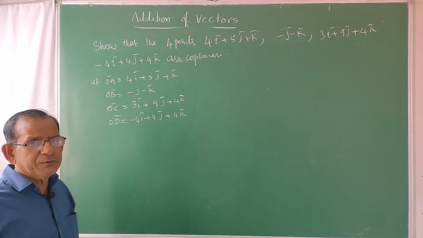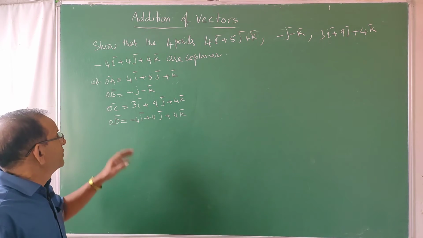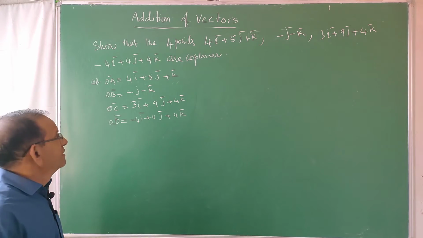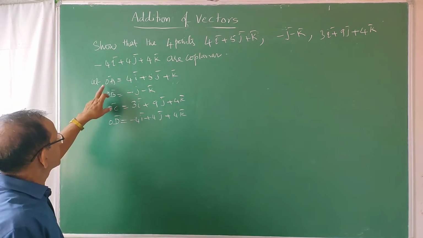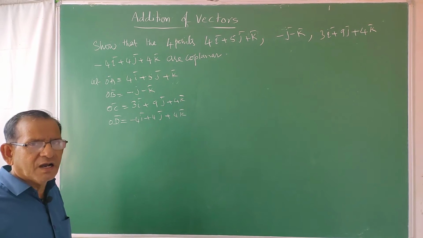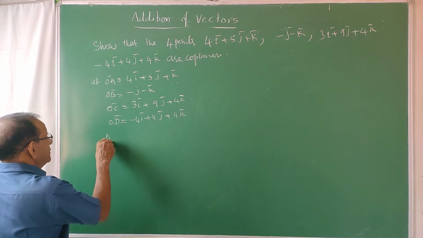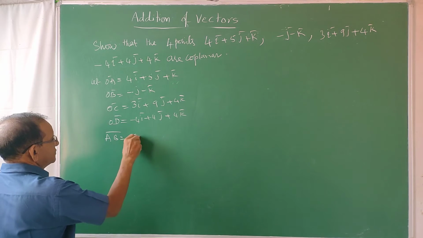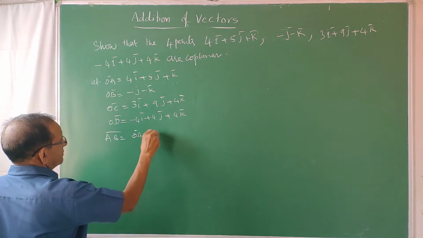You have to find 3 vectors passing through these 4 points with a common point. Let us take the common point as A. That means you have to find AB bar, AC bar and AD bar. So let us find AB bar. AB bar is OB minus OA, not OA minus OB.